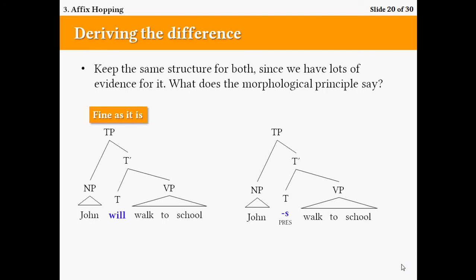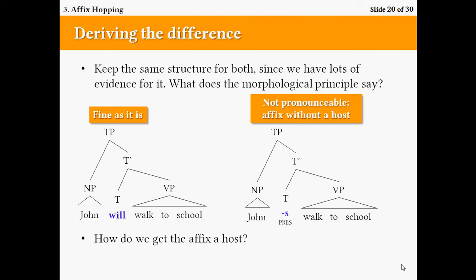Will is a freestanding word, so it's perfectly fine in that position. But John S walk to school, as it stands, is not pronounceable, because we have this affix S that isn't attached to anything. Affixes have to be attached to something. So as it stands, this is not a pronounceable structure.